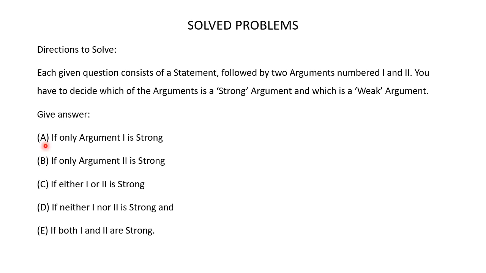Give answer A if only argument 1 is strong. Give answer B if only argument 2 is strong. Give answer C if either 1 or 2 is strong. Give answer D if neither 1 nor 2 is strong. And give answer E if both 1 and 2 are strong.